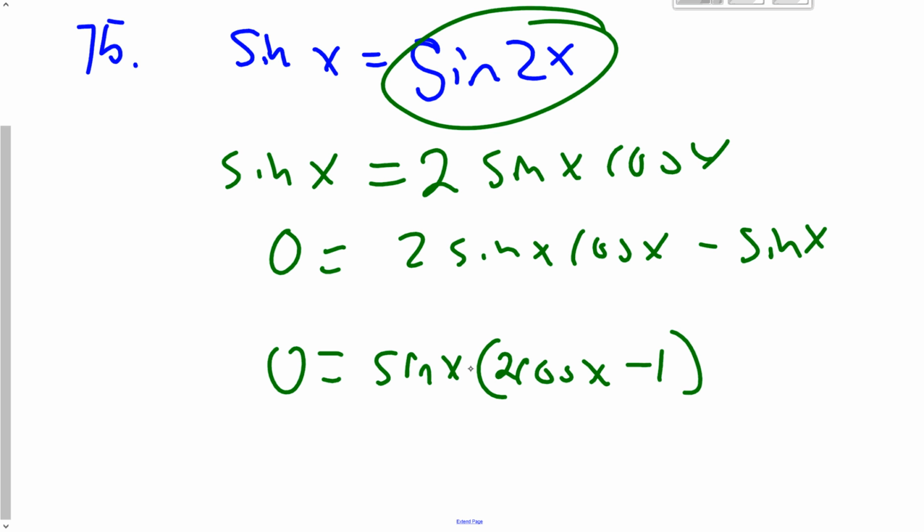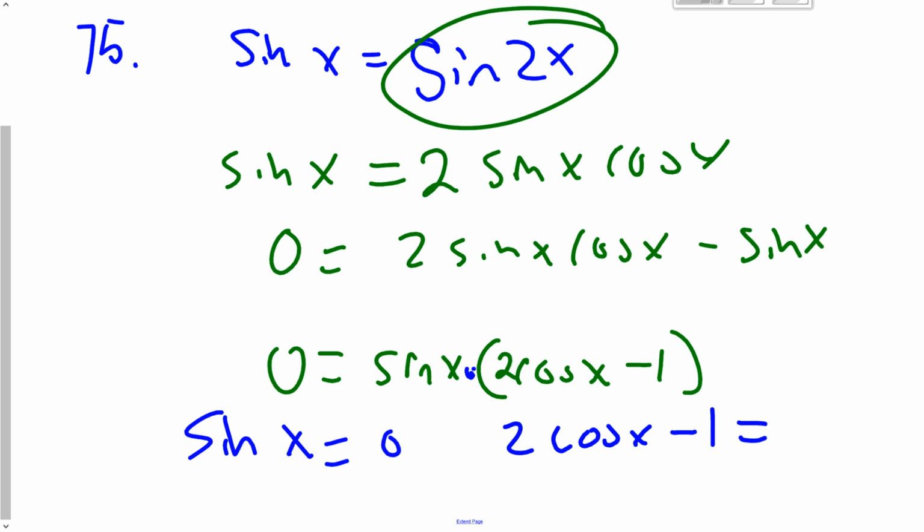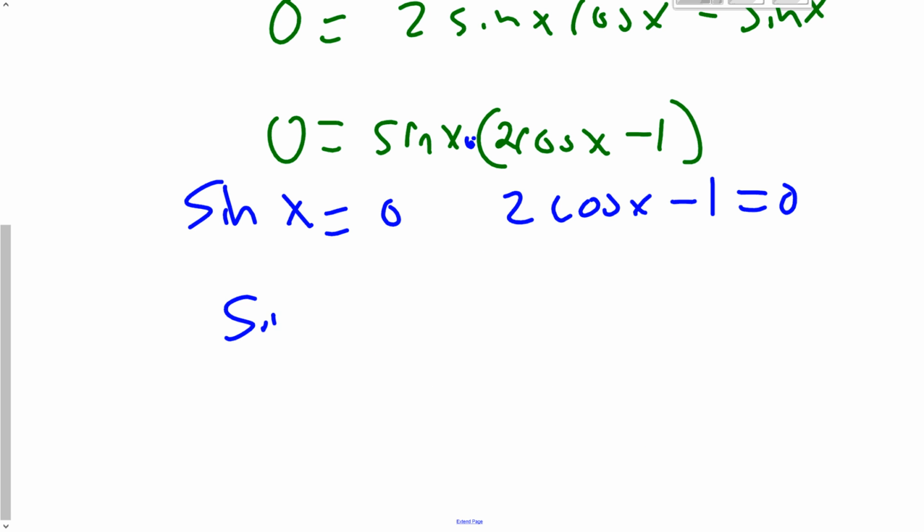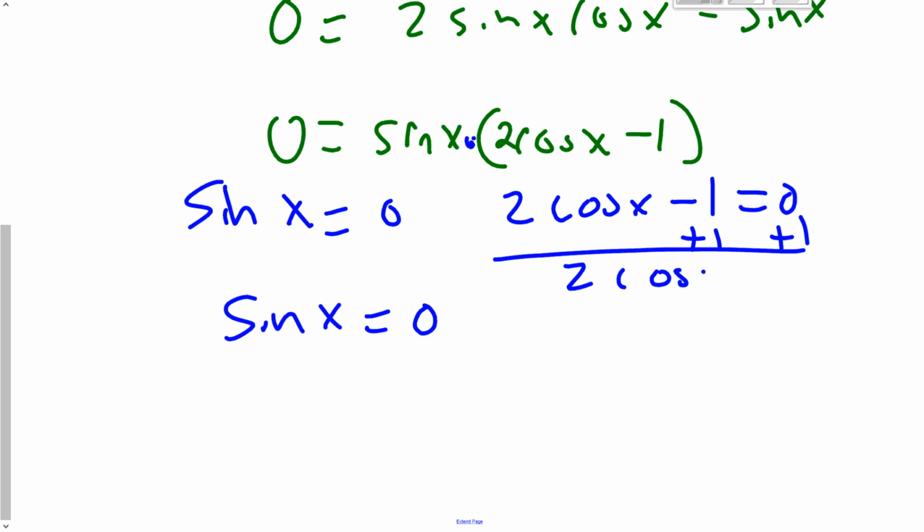So there we go. Now we're multiplying 2 terms, and since our answer is 0, I can set them both equal to 0 and then solve for the trig function. So sine of x equals 0. For this one, I'm going to add 1 to both sides, and then divide by 2.